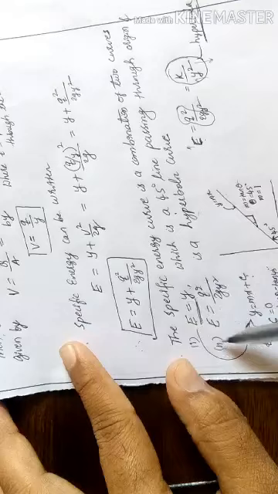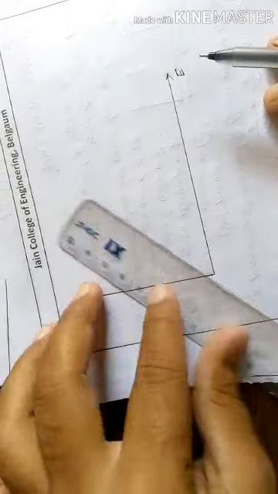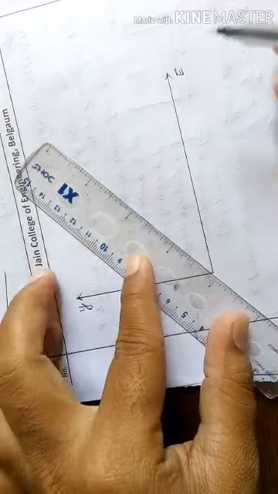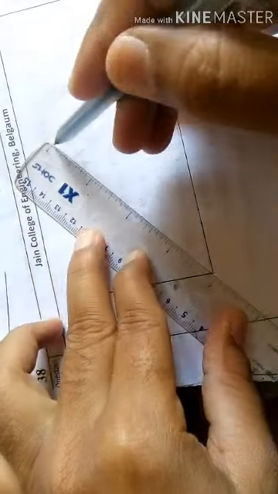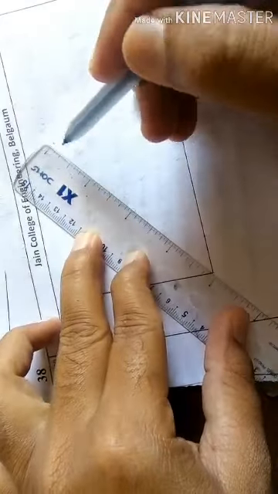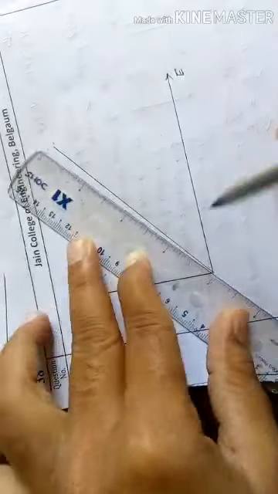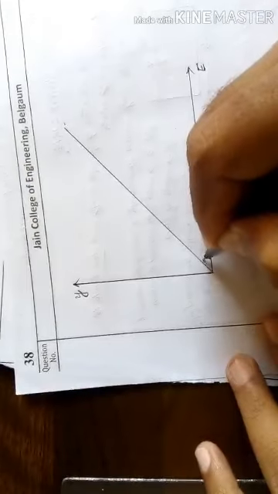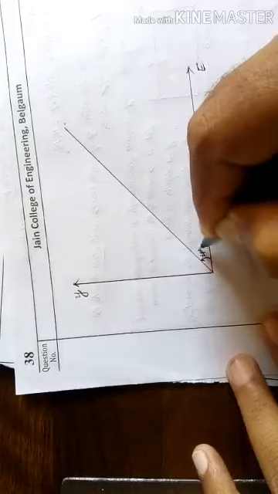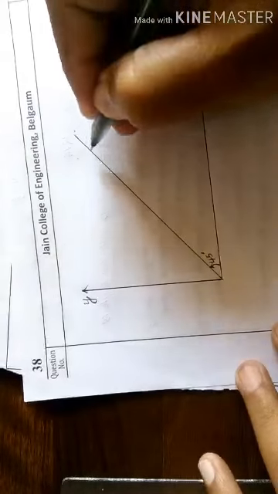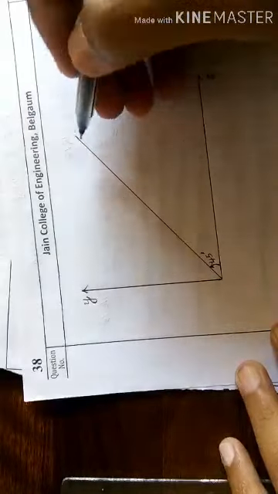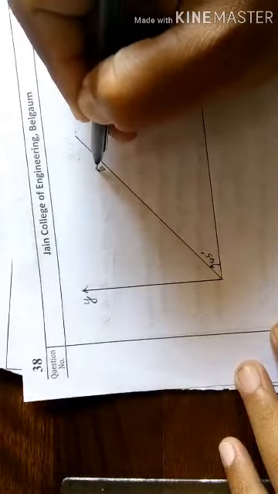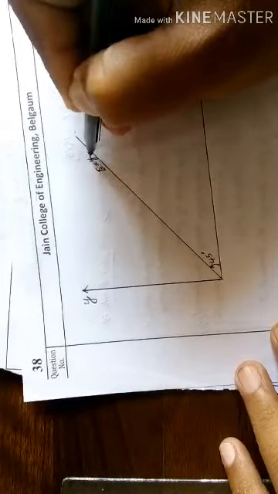This curve represents the equation of a straight line, which you have to draw passing through the origin at an angle of 45 degrees. So this is at an angle of 45 degrees, and this curve represents E equal to y.